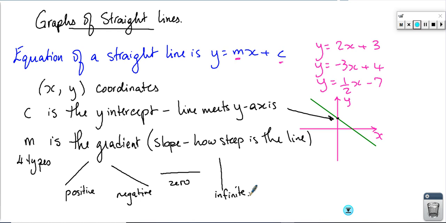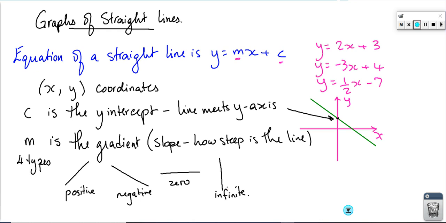So lines of this form will have a positive gradient, for example 2. Lines of this form, like this one which I have drawn here, will have a negative gradient, for example -3. A line which is horizontal will have a 0 gradient, so it would be, for example, y equals 4, because the number multiplying x is 0, and an infinite gradient will be a line of the form x equals something.